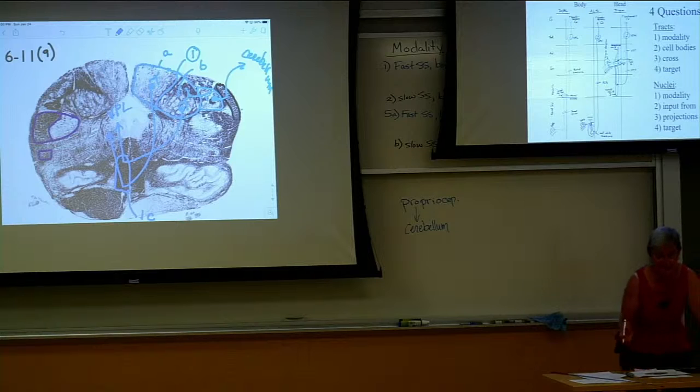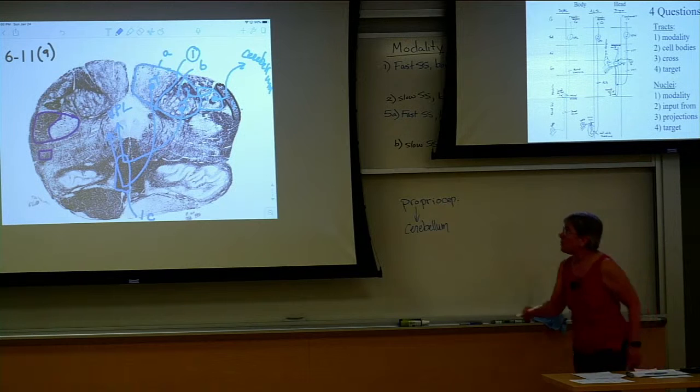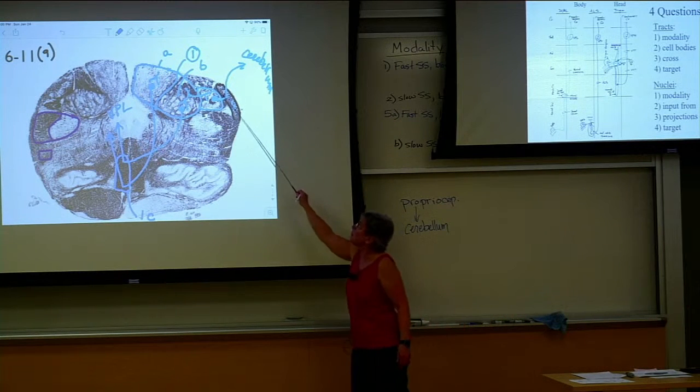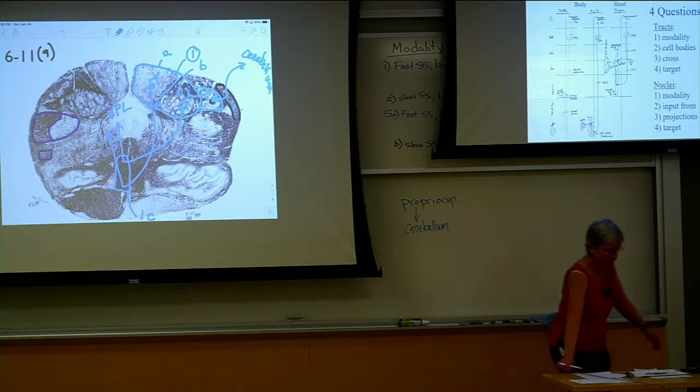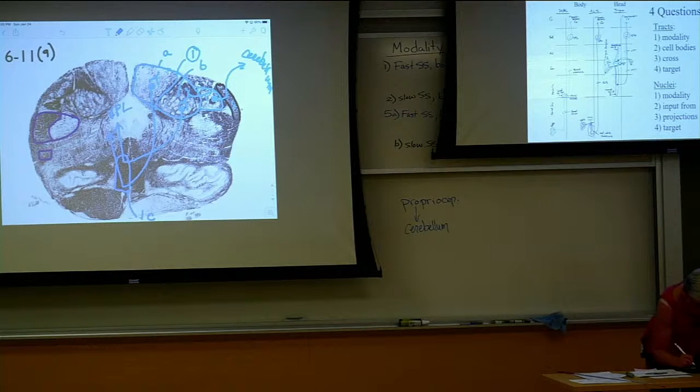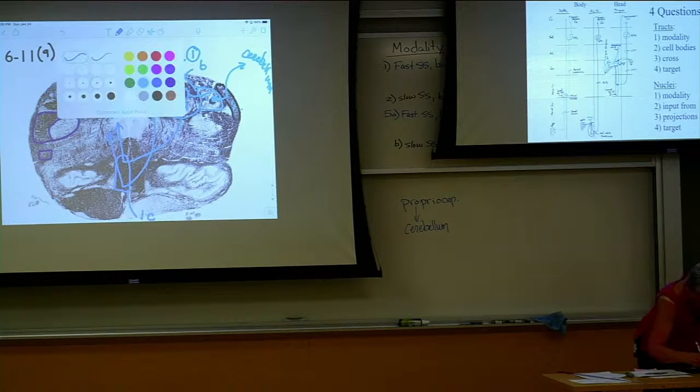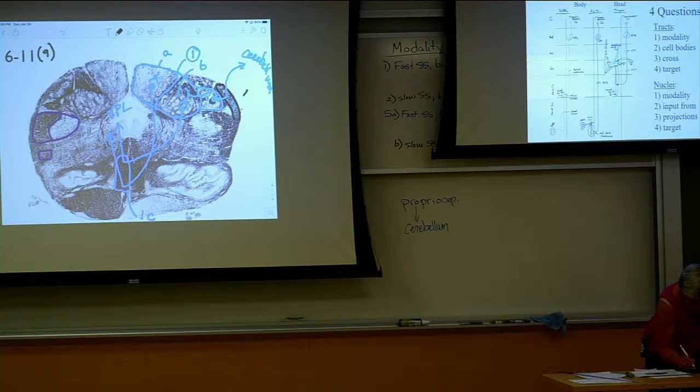Not only that, we also have that proprioceptive information from the lower body that used to be in the dorsal spinocerebellar tract, which happily was located in about this same region, so that'll help you find them. And so that's the proprioceptive information for both upper and lower body, and we're going to call this the inferior cerebellar peduncle.